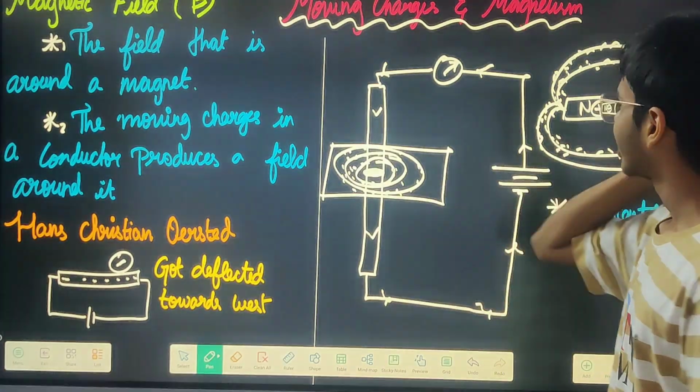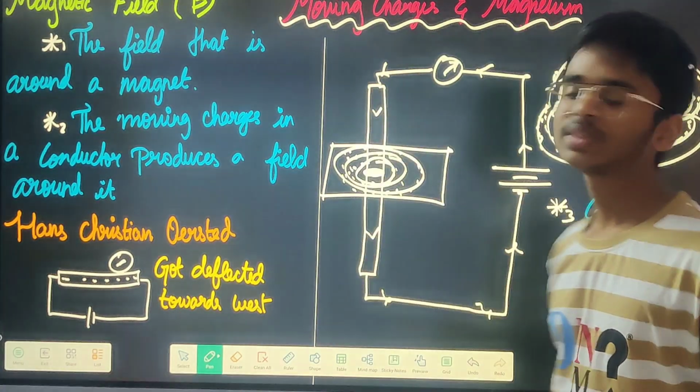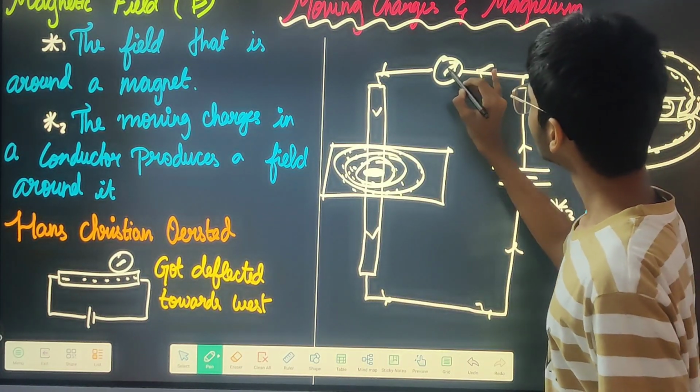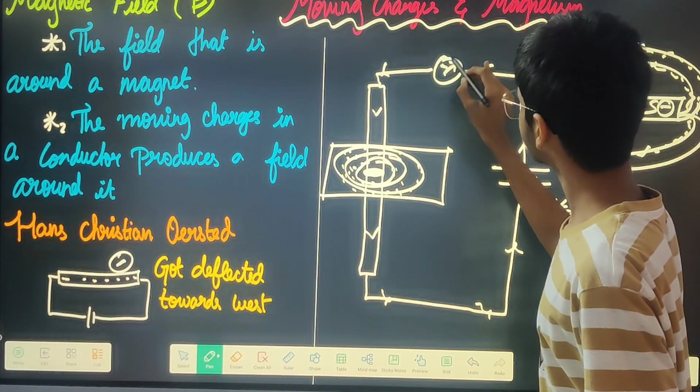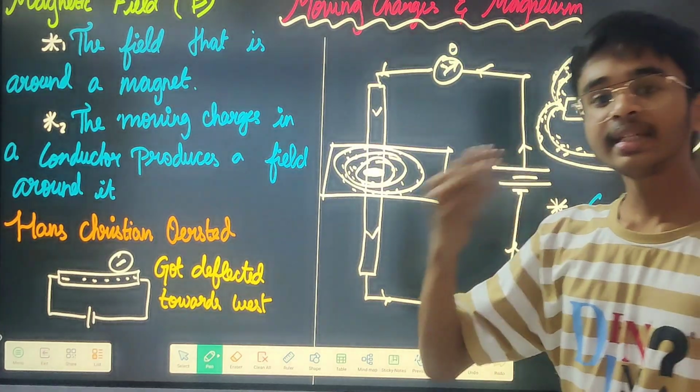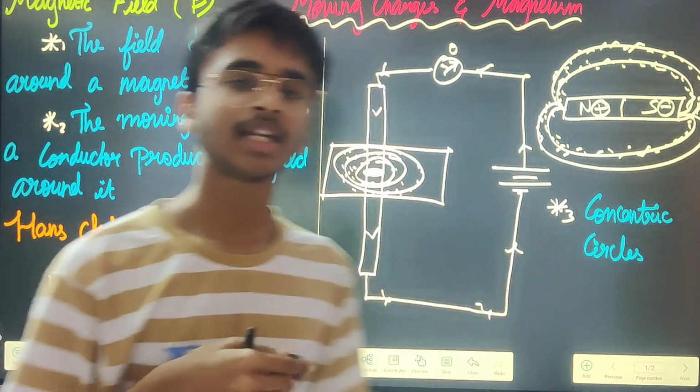I've never seen a galvanometer in my life, so yeah. There will be some sort of deflection, which we can call theta. Theta is directly proportional to the amount of magnetic field that is produced.